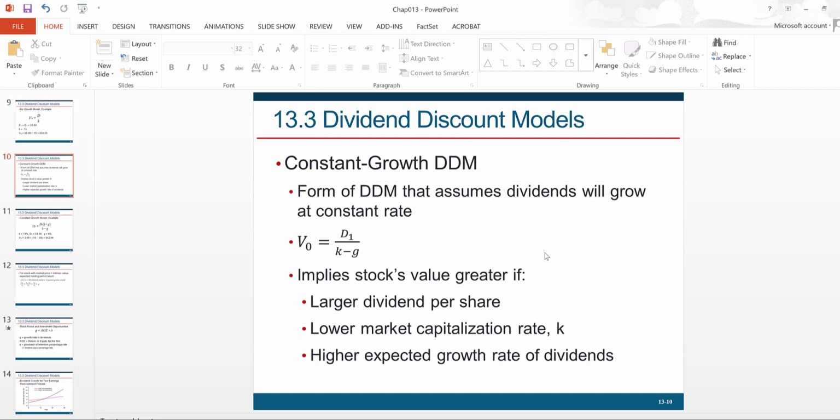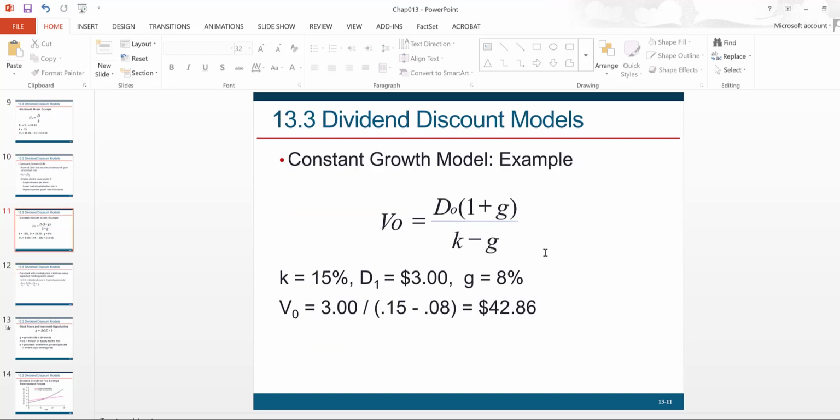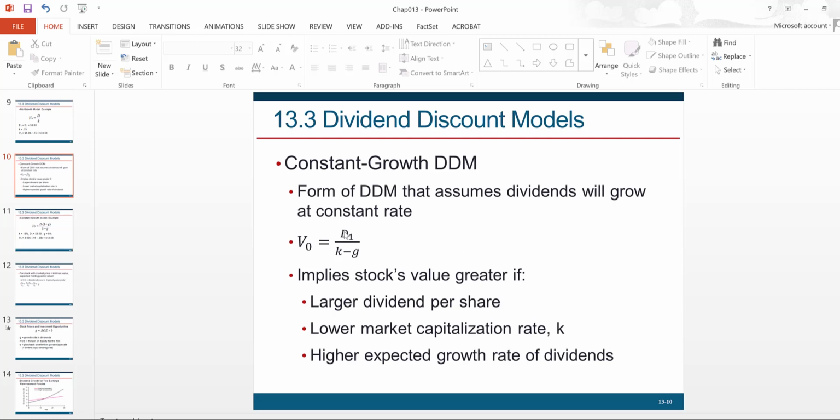Okay. So now in our constant growth model, we have three components. We have the dividend D1. We can actually compute the dividend D1 if we have D0 and if we have the growth rate.